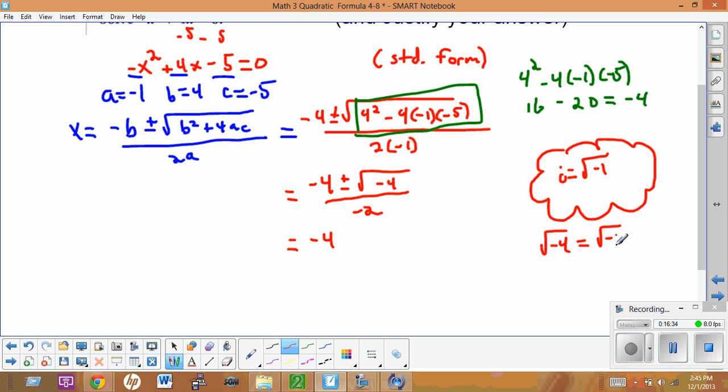So this becomes 2i. So the square root of 4 is 2, and we kick the i out. This is 2i, and this is all over negative 2. So take a second, pause the video, and let's make sure it's down.